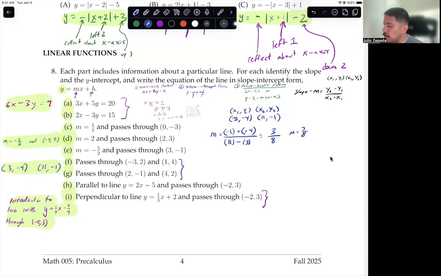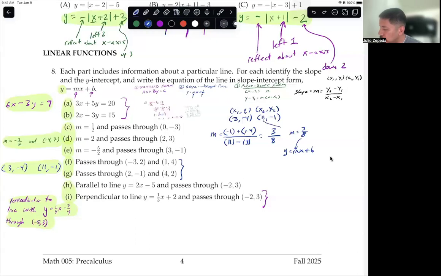Now we can use the slope-intercept form to plug into it. Let's see, slope-intercept form says y equals mx plus b. So I can now plug in my m, and I have an x and a y value. I can use either of these x or y values to plug into my equation.